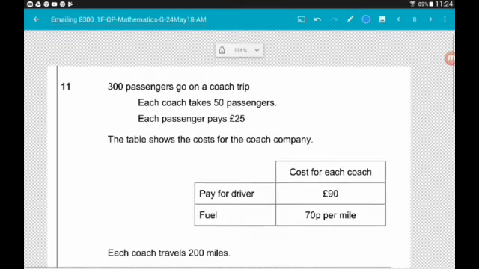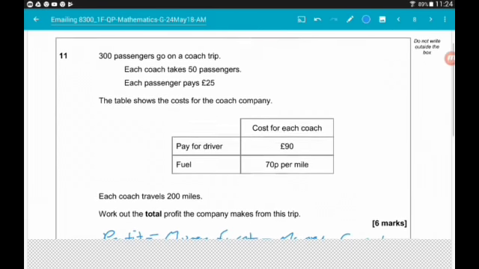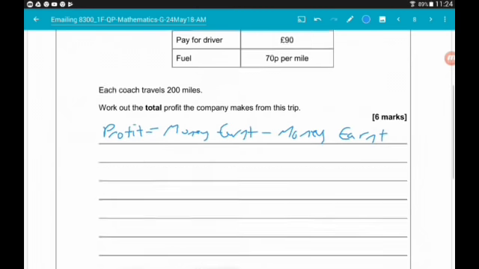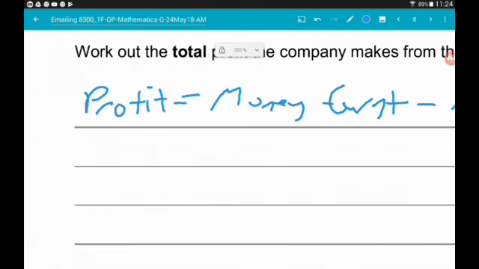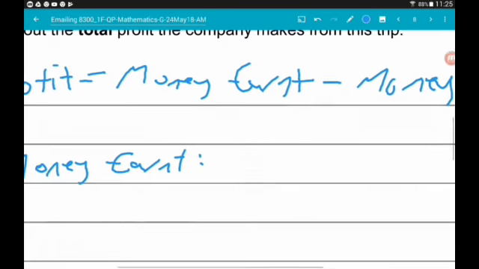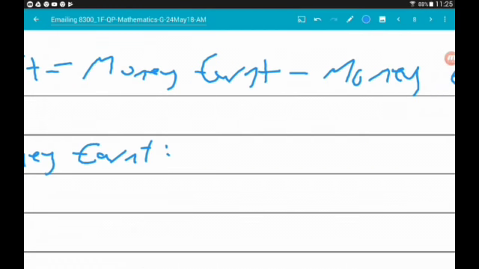So, let's do money earned first of all. There are 300 passengers, each of them pay £25. So, the money earned is 300 times £25.